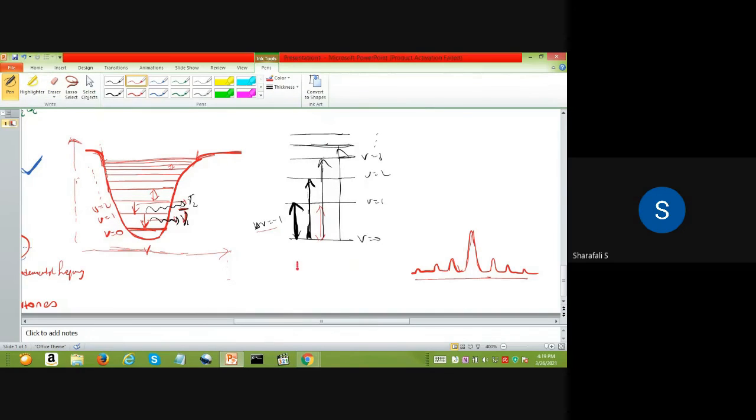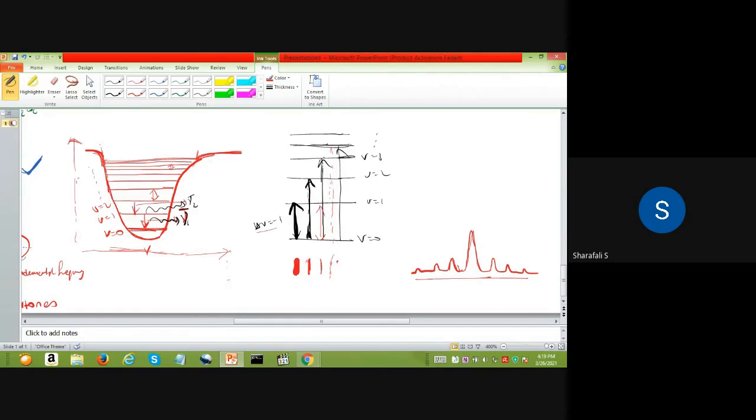So the first fundamental line will be like this, very high intense, and the second one will be like this, and the third one will be less intense. The fourth one, we should draw somewhere here if you want to get it in a clear way. That is corresponding to this line, which is not that much intense.